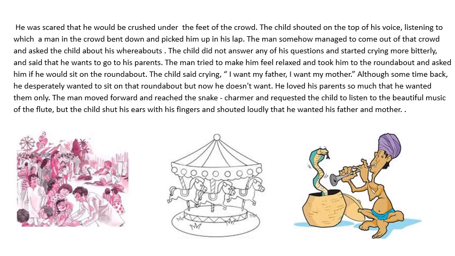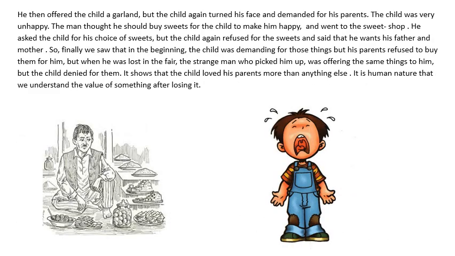The man moved forward and reached the snake charmer and requested the child to listen to the beautiful music of the flute. But the child shut his ears with his fingers and shouted loudly that he wanted his father and mother. He then offered the child a garland, but the child again turned his face and demanded his parents.